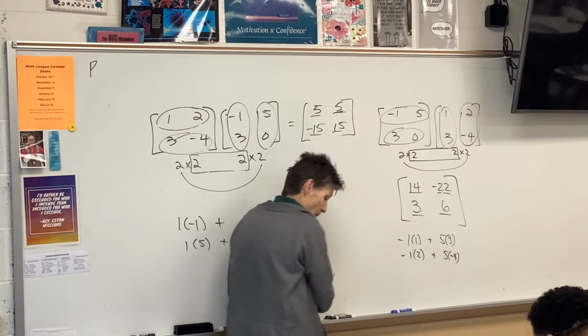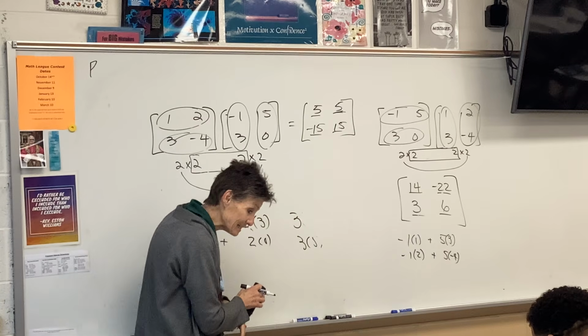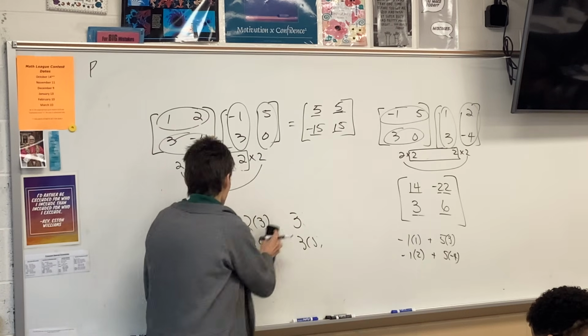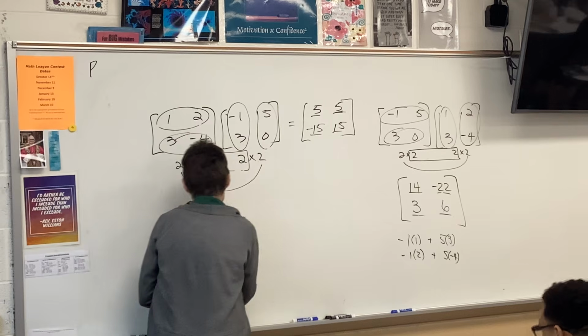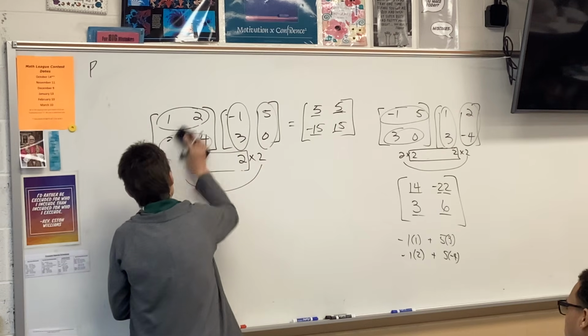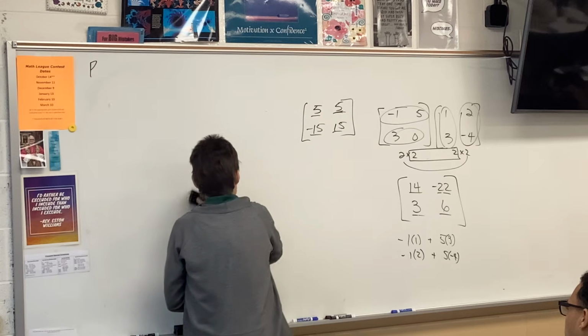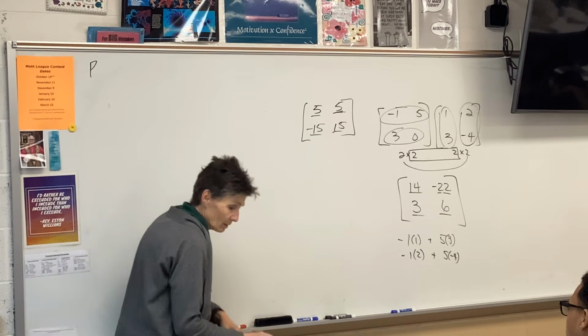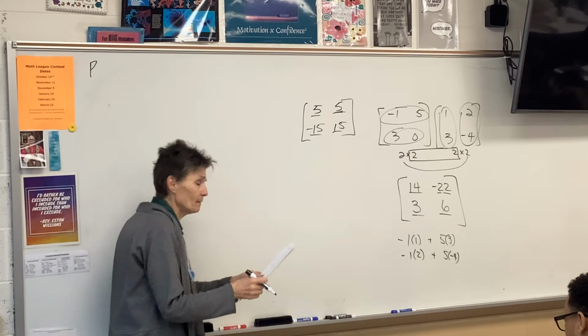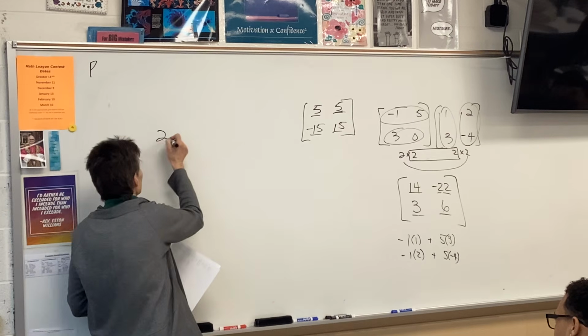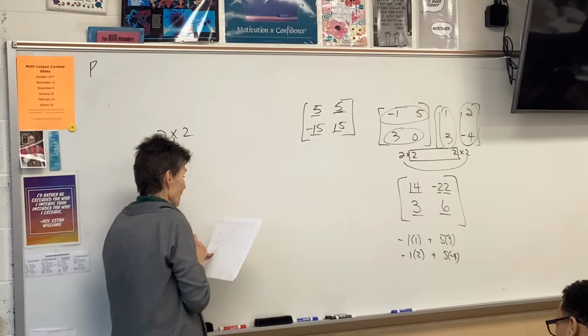All right, next problem is D times E. Matrix D times matrix E. What do you think about that? It doesn't have the same dimension. What are the dimensions of D? So it's 2 by 2. What are the dimensions of E?